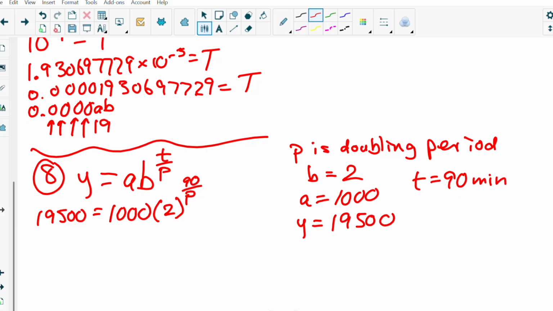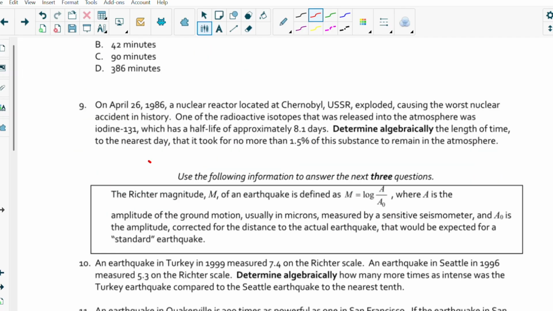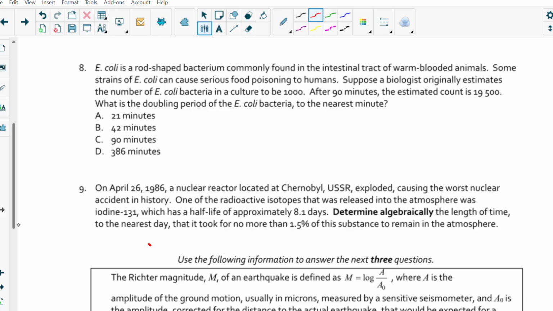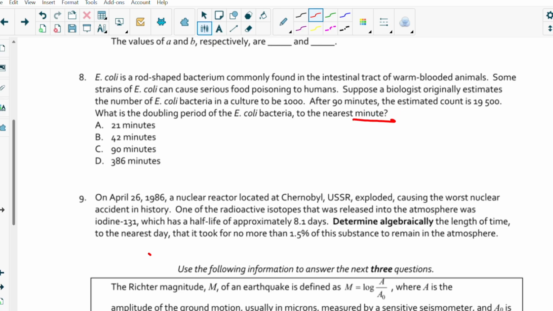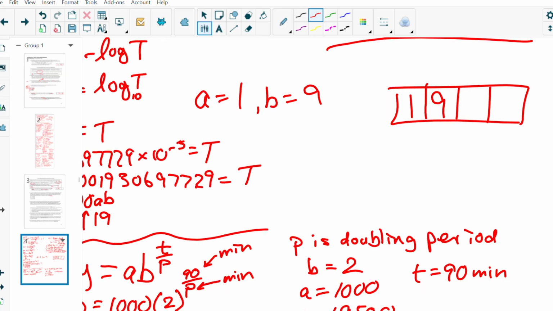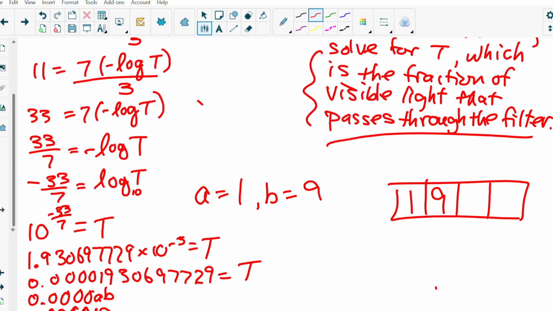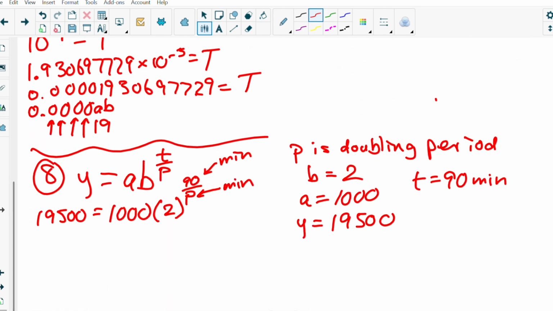Remember, since this is in minutes, you're going to get a p-value that's also in minutes. The question asks for the answer to the nearest minute, so the final answer will be in the correct units.